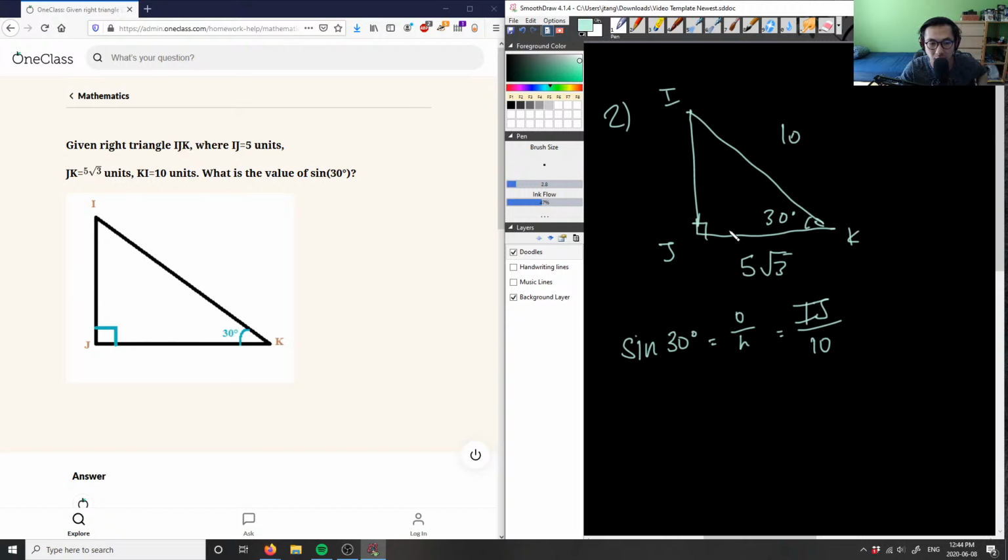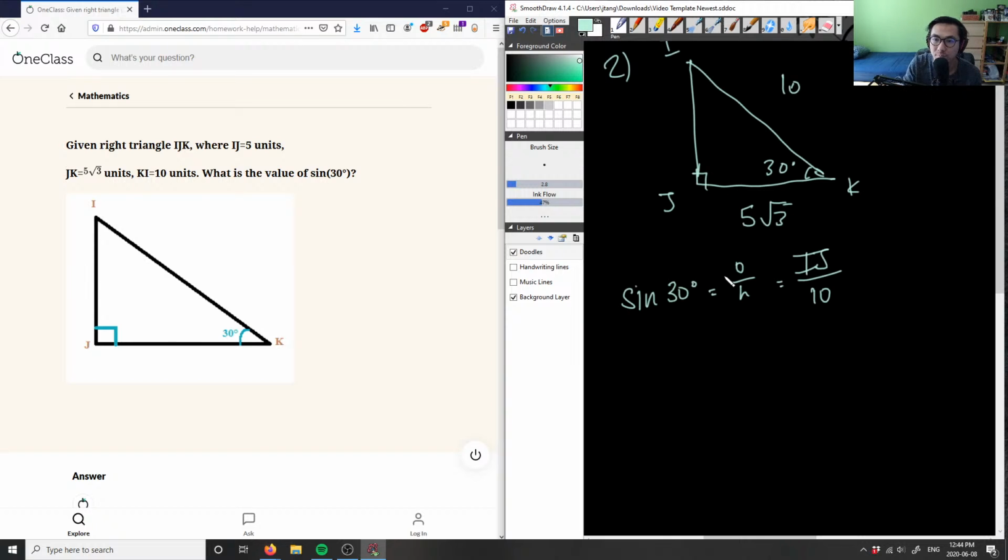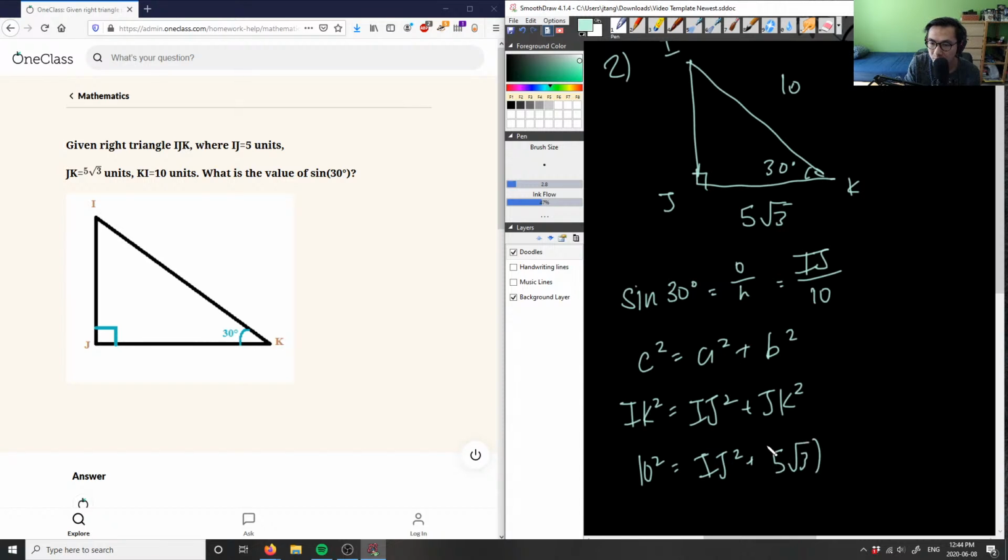We can use the Pythagorean theorem to solve for this side. Pythagorean is c squared equals a squared plus b squared. In this case, IK squared equals IJ squared plus JK squared. IK squared is 10 squared. We don't know IJ squared, but JK is 5 root 3 squared.